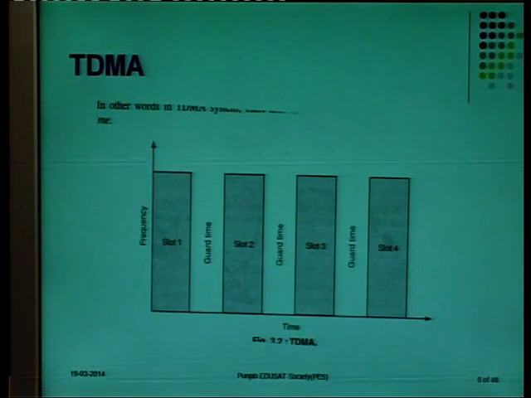The first user uses the slot 1 time with the full frequency spectrum, then the second user uses slot 2, the third user uses slot 3, and slot 4 is used by the fourth user, and so on. There is some guard band or guard time between each user, so that there is no interference or overlapping between one user and another.